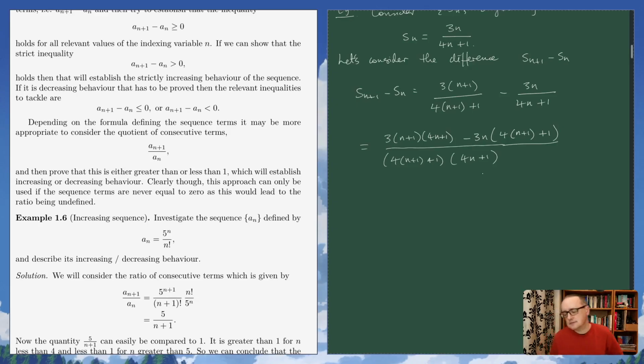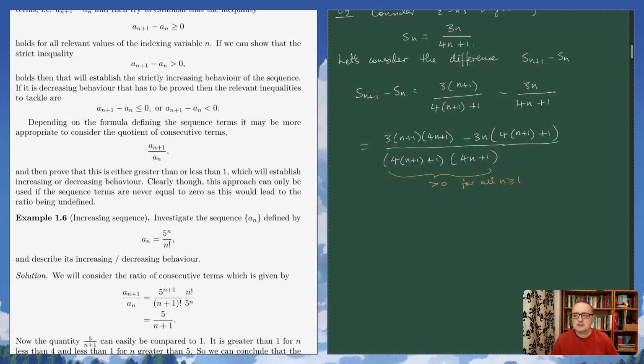Now, let's just think about this before we launch into a load of algebra. Ultimately, I'm going to be comparing this to 0. I want to know if this is bigger than or less than 0. You notice that the denominator, whatever it is, is certainly positive for all n bigger than or equal to 1.